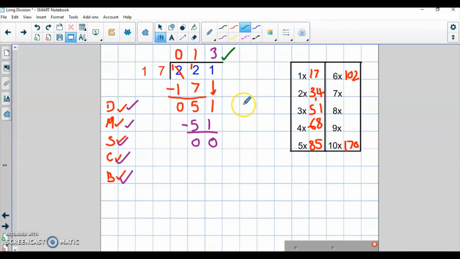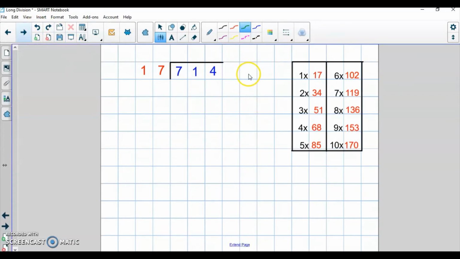Okay. Let's move on a little bit further. I'm going to pause it here, or rather I'm just going to wait a couple of seconds. You could hit pause. I've given you your 17 times table over here. You have a go. Write it down on a piece of paper. Give it a go. Press pause. Give it a try.